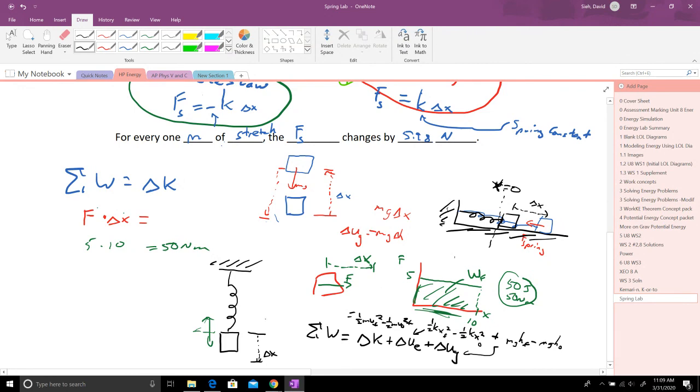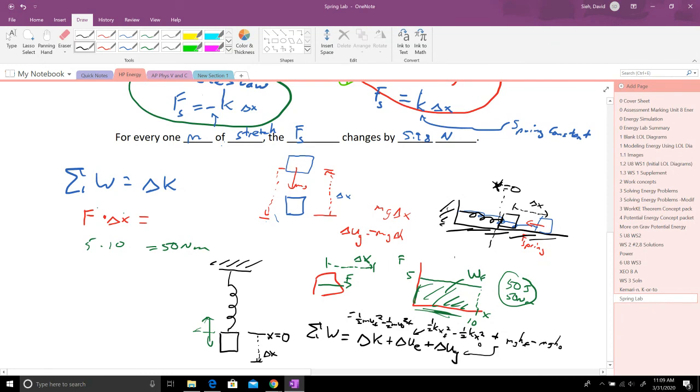As this guy's wiggling back and forth and I'm changing my x value, my position of the spring, I don't have a choice: x equals 0. The stretch of the spring has to be 0 at that point where the spring wouldn't be stretched or crushed. This is not the position the block would hang at.